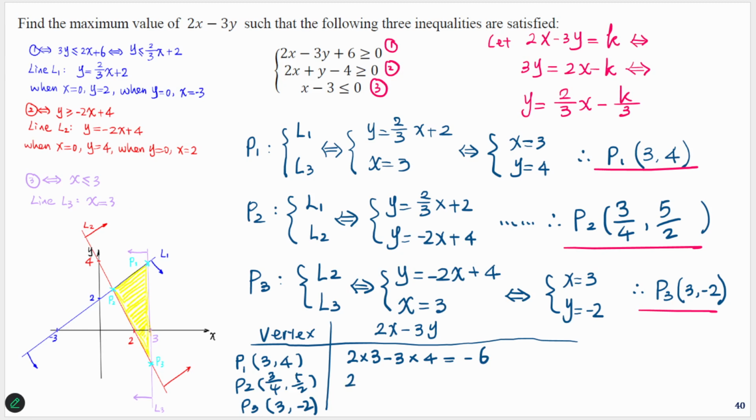For the second point, 2 by 3/4 minus 3 by 5/2, which equals negative 6, right? For the third point, 2 by 3 minus 3 by negative 2, which is 6 plus 6, which gives us 12. And we see this value is the maximum one out of the 3, right?